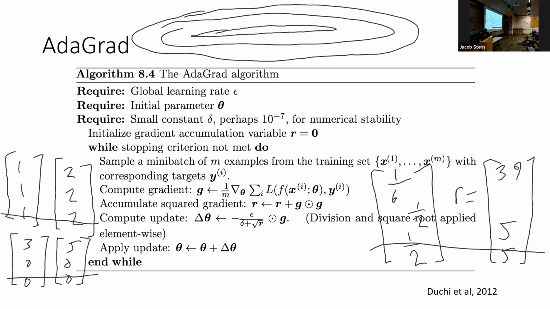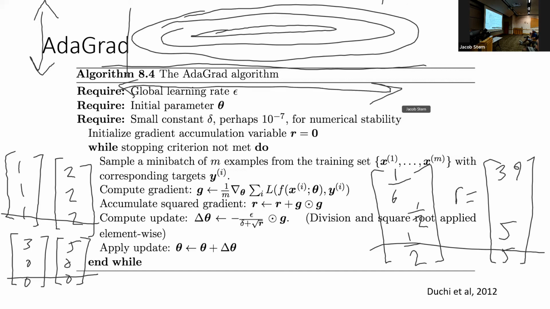In dimension 1, we are getting large gradient updates because it is very steep in that direction. And in dimension 2, we are getting very small gradient updates because the bowl is pretty flat in that direction.